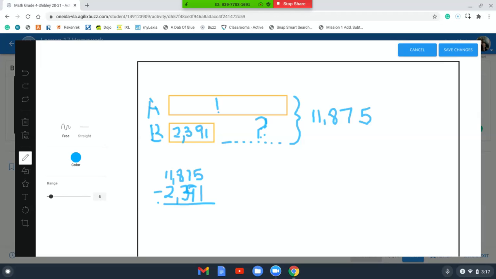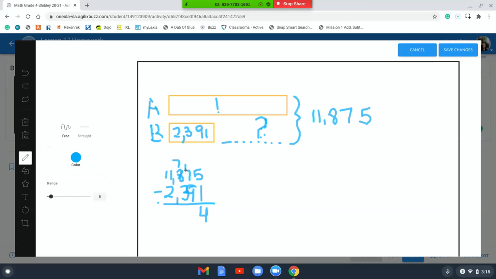Okay, I can take 1 away from 5, so I'm going to solve that, and that is 4. I cannot take 9 away from 7, so I need to go to my hundreds place to borrow. So I'm going to cross out my 8, and I'm going to write a 7 over top because I'm borrowing 1 full group.